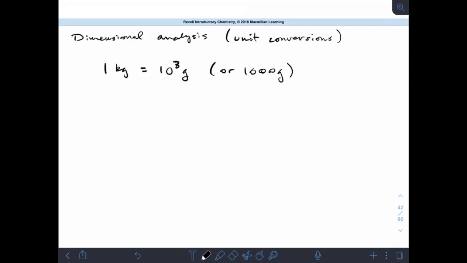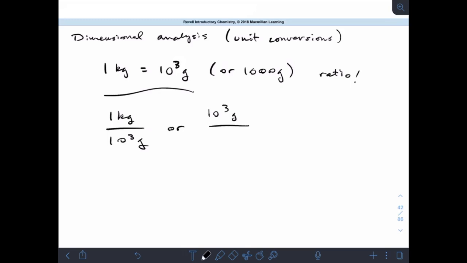Now I can take this equality and make a ratio. We're going to be using a lot of ratios, but you don't necessarily have to worry about the concept of ratios. When we have this one thing equals another, I can write it as a fraction. I can say 1 kilogram over 10 to the 3 grams, or because it's equal, I can say 10 to the 3 grams over 1 kilogram.